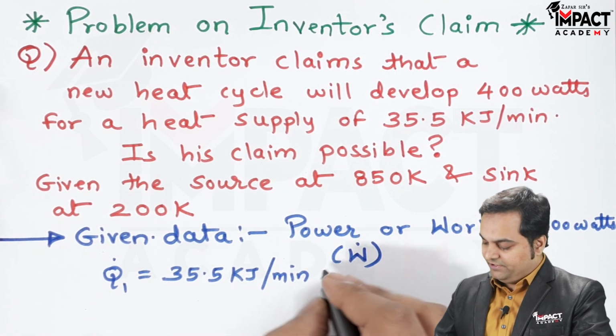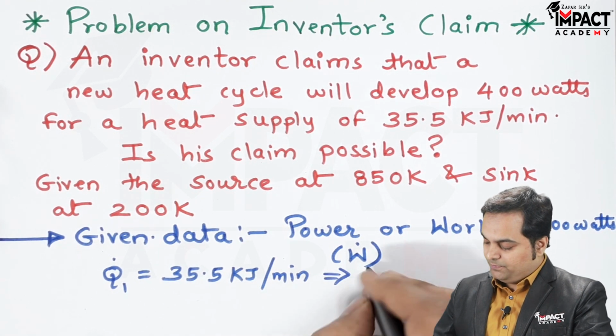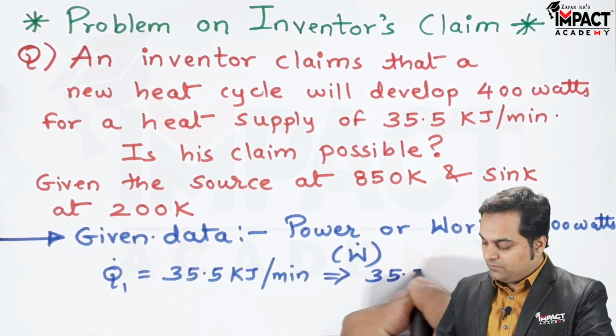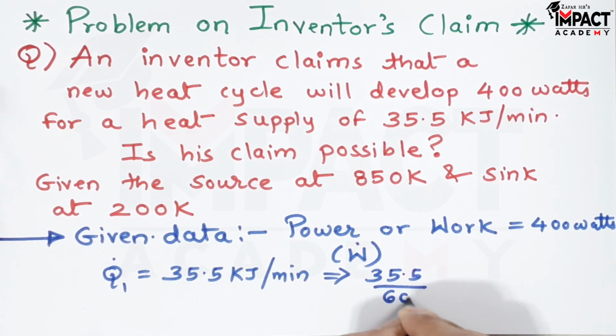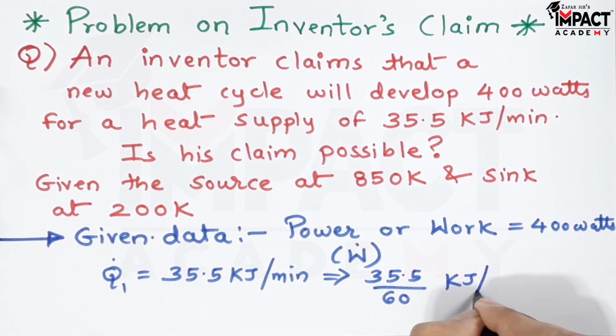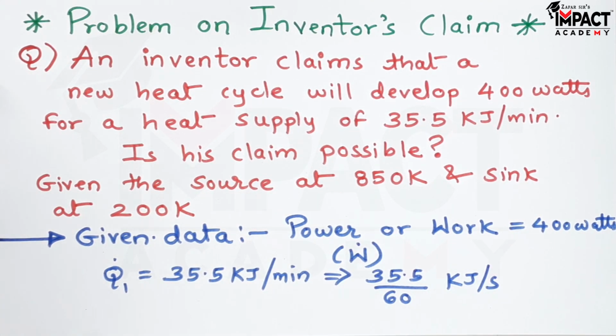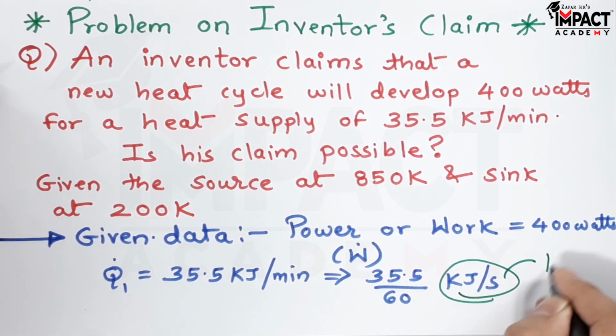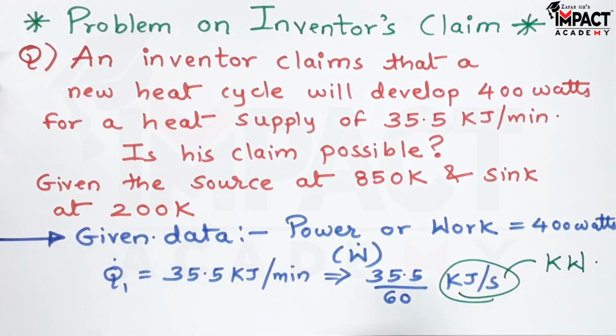Now I would be converting it in terms of kilojoule per second, that is 35.5 divided by 60. So it would be kilojoule per second, and kilojoule per second is kilowatts.